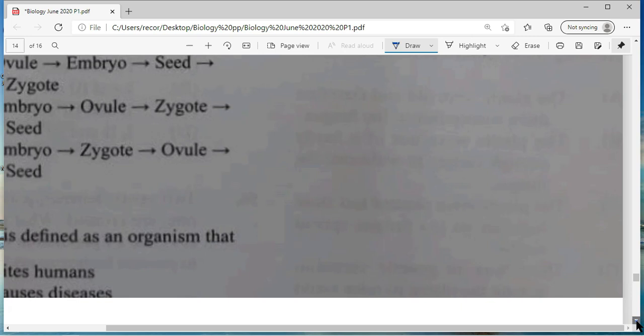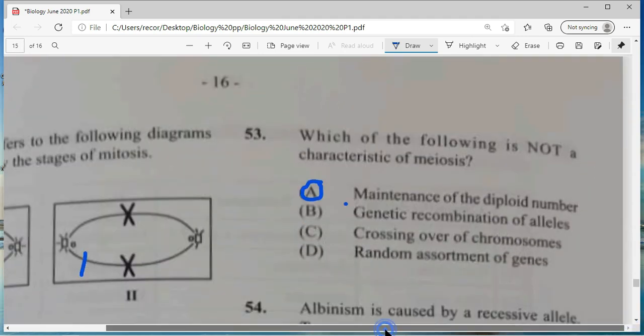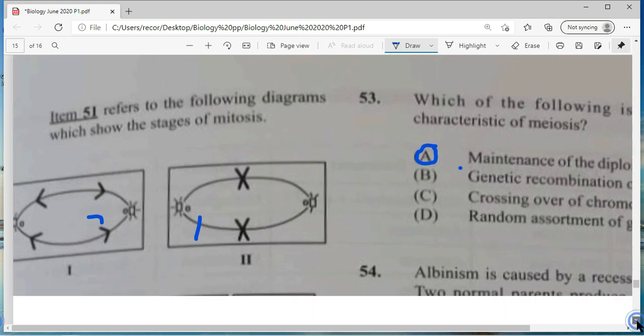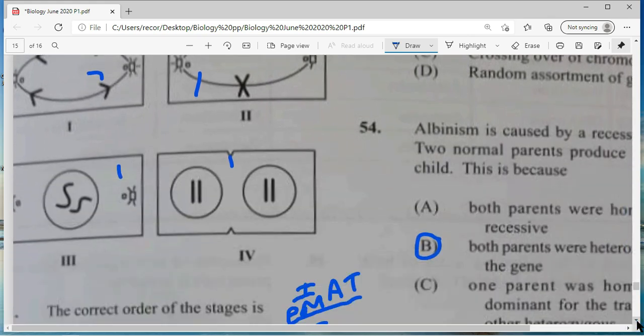We make our way to the other question. And it refers to the diagram which shows the stages of mitosis. And I usually use a memory aid for my kids. I show them I, which is interphase at the top, PMAT, which is actually mitosis: prophase, metaphase, anaphase, telophase.